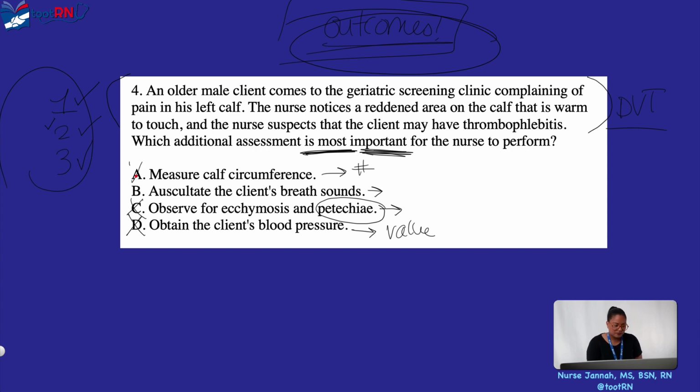No. But B, auscultating the client's breath sounds. Absolutely. Because if we identify diminished breath sounds that are abnormal in someone that we think has a DVT, that could indicate a PE, right? And don't we want to be on top of that before we have a fatal issue? Yes, absolutely, yes. So B is the correct answer here.